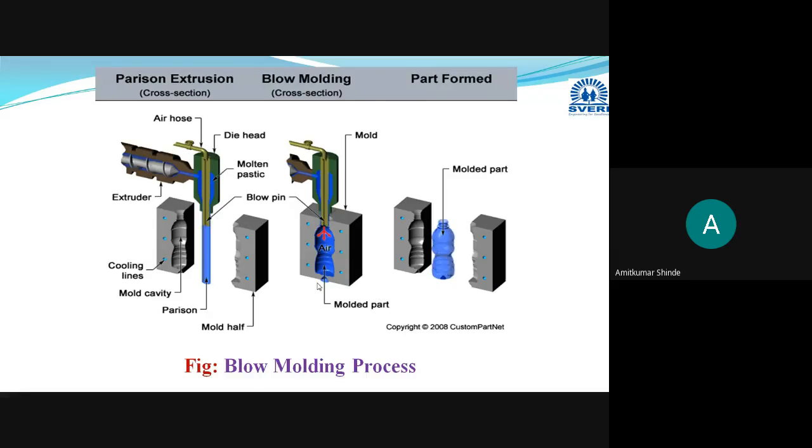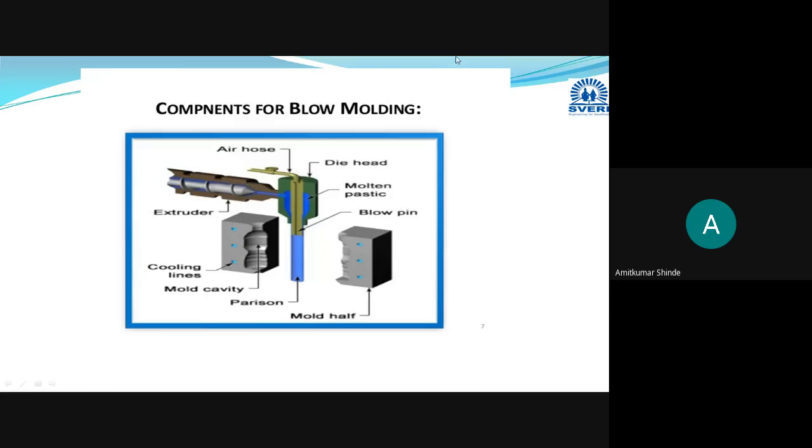Now in this slide, you can clearly see the basic components we are going to use in the blow molding machine. The first component is the parison, also known as the preform or hot hollow preform. Generally it is made by heating thermoplastic material into a tubular or cylindrical form.